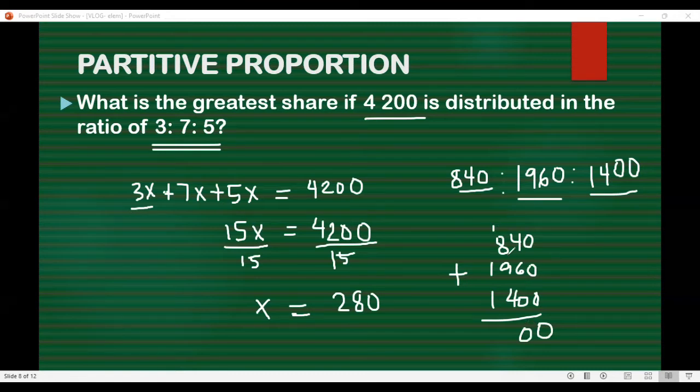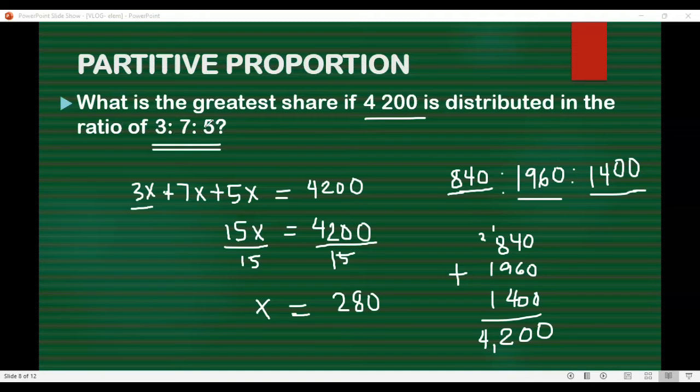That is now equivalent to 9, and 9 is 18, plus 4 is 22, so we have to regroup 2. 2 plus 1 is equal to 4,200. So this is now the number: 840, 1,960, and 1,400.